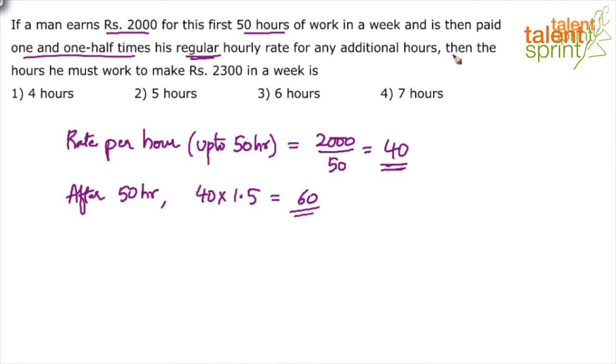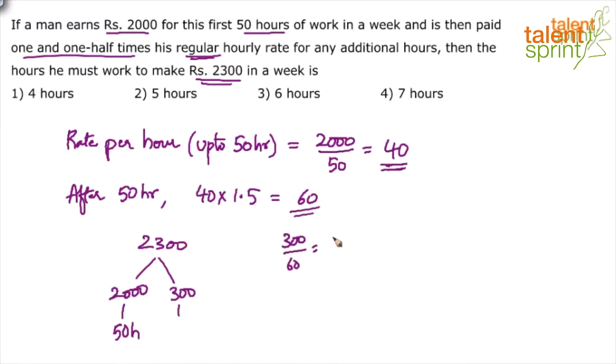Now, he must work for how many hours to make 2,300 in a week? Understand, out of this rupees 2,300, 2,000 is for the first 50 hours. Remaining 300 he has made by working extra. We know that for every extra hour he gets 60 rupees. So to get 300 rupees, for how many hours should he work? 300 by 60, which is equal to 5 hours.